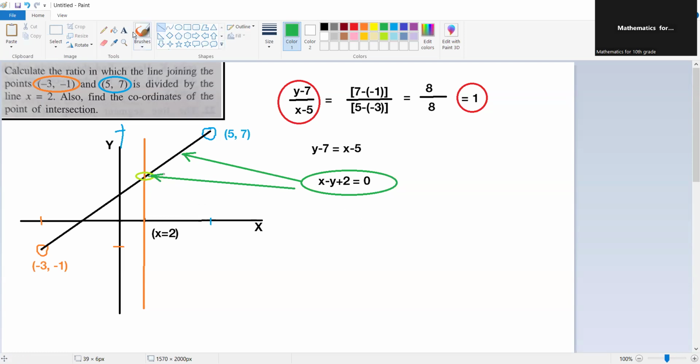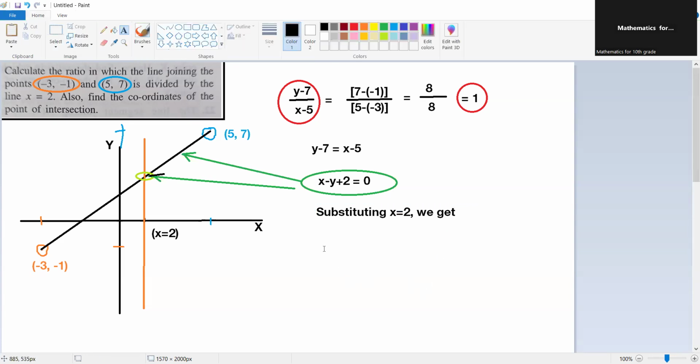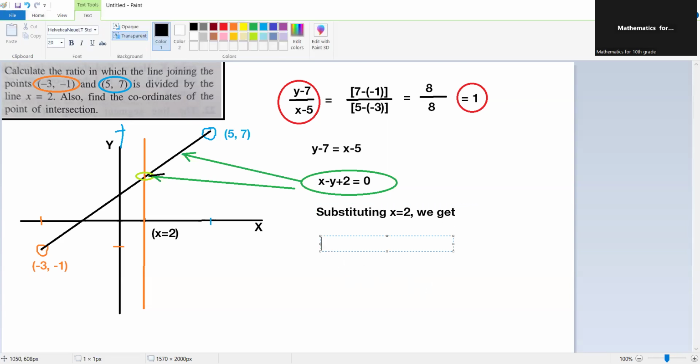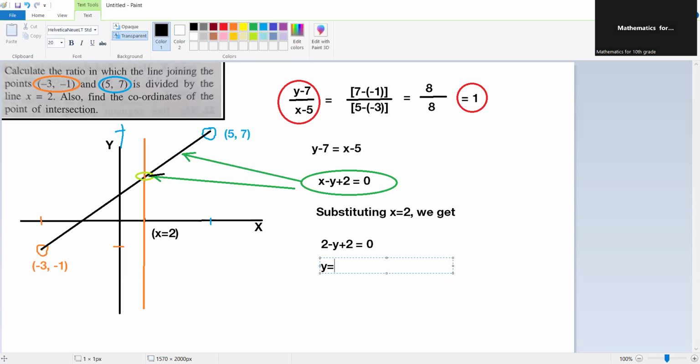So if we substitute x equal to 2, we get 2 minus y plus 2 is equal to 0. Therefore, y equal to 4.